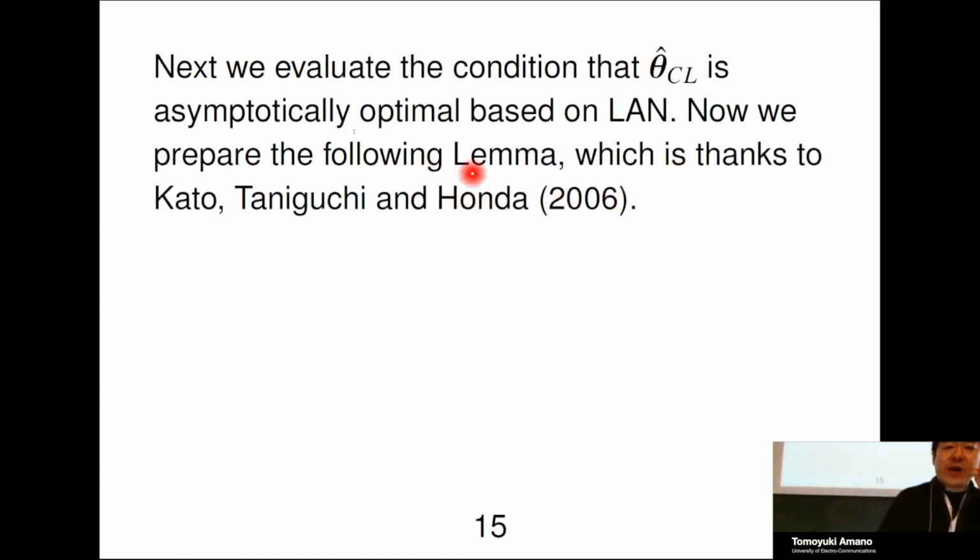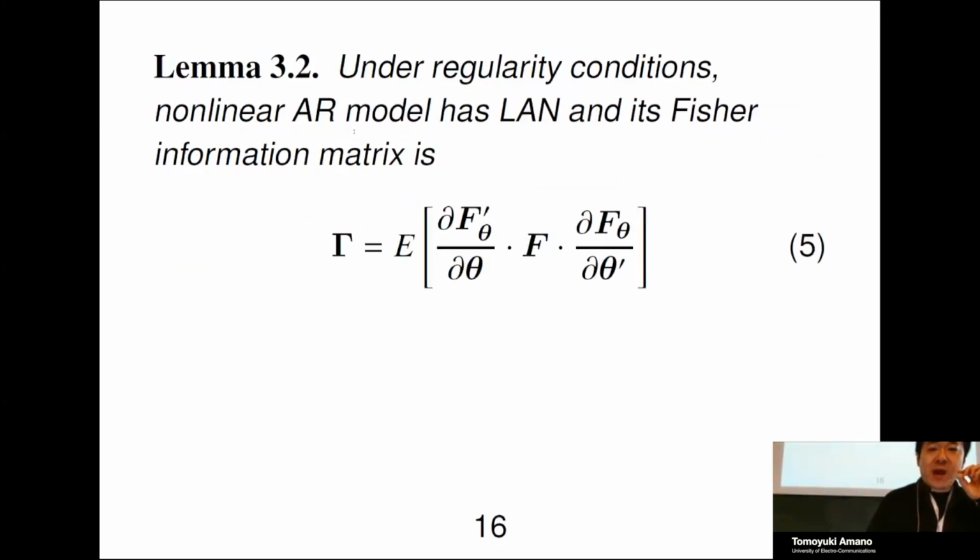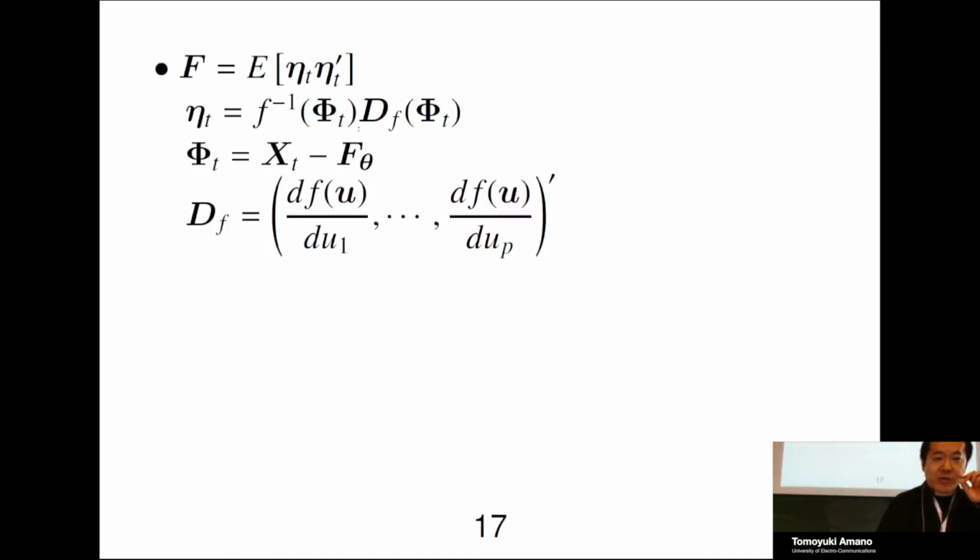For this, we prepare Kato, Taniguchi, and Honda's result. Under regularity conditions, the nonlinear AR model has LAN, and its Fisher information gamma is given by this, and this large F is given by this.